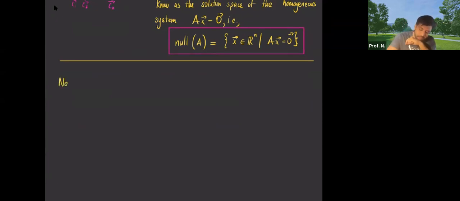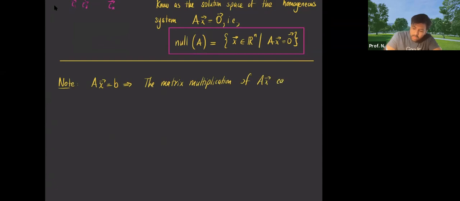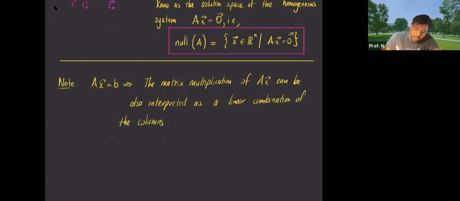I talked about this in the beginning when we discussed matrix multiplication, but I want to emphasize it once again: whenever you have AX equals B, the matrix multiplication of AX can also be interpreted as a linear combination of the columns of A.